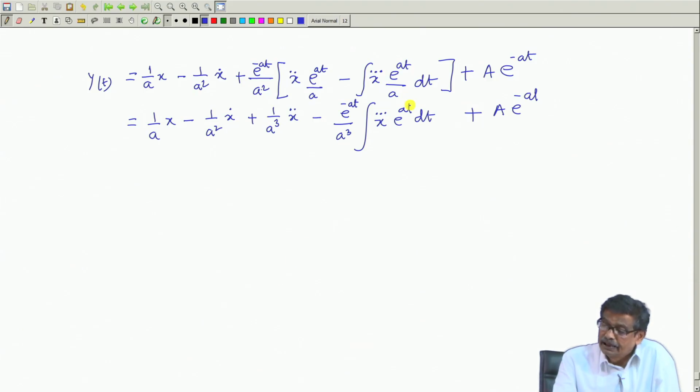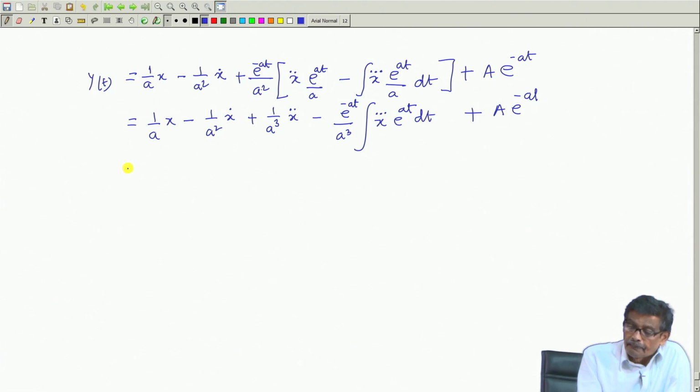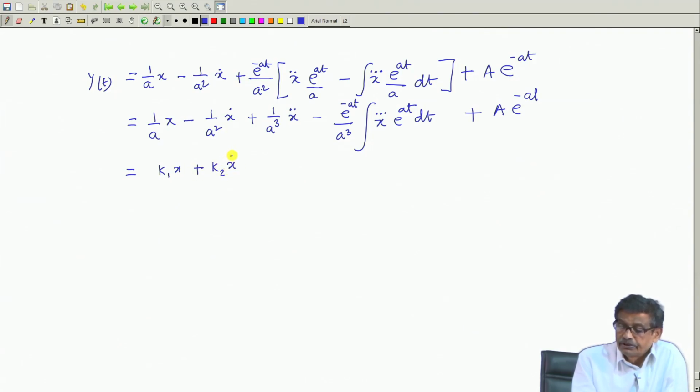The solution looks like, if you go on expanding this, some constant, this is important, x plus another constant into x dot plus another constant; let me write it k 0 x, k 1 x dot plus k 2 x double dot.